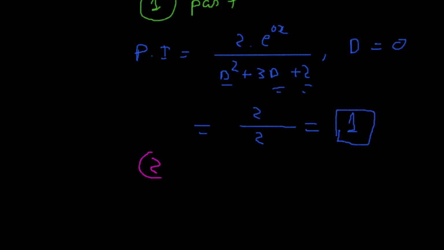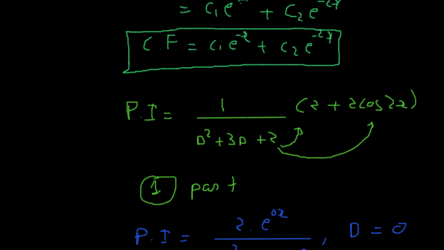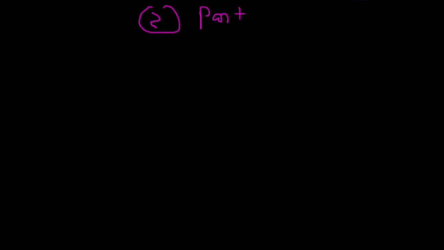Now let's see the second part. The second part is this upon this: 2 cos 2x upon the equation, which is d square plus 3d plus 2.